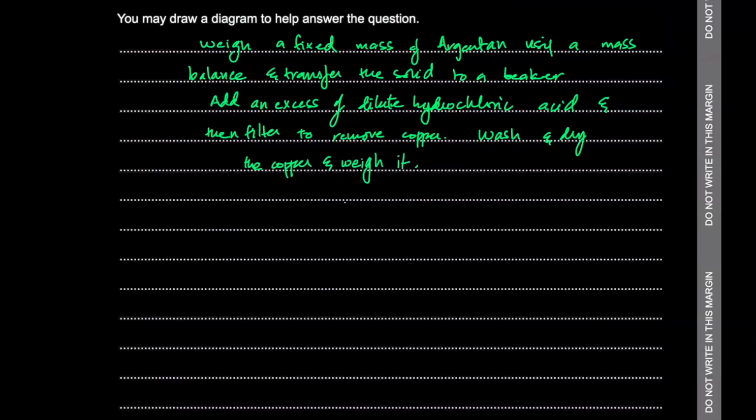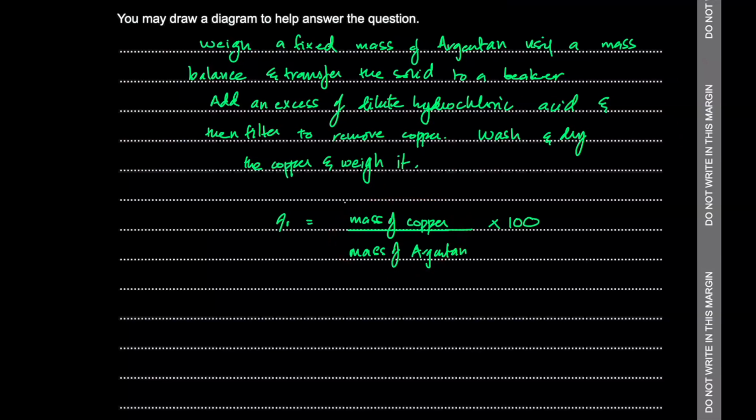To determine the percentage, that's going to be the mass of copper that we get divided by the initial mass of argentan, times 100, and that will give you the percentage by mass of copper.